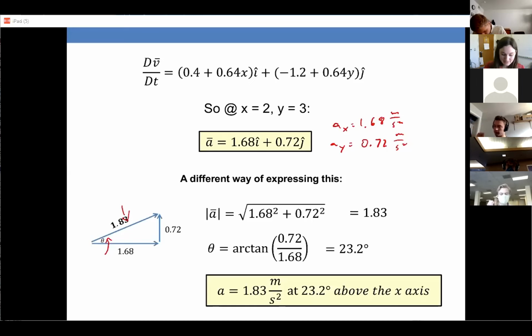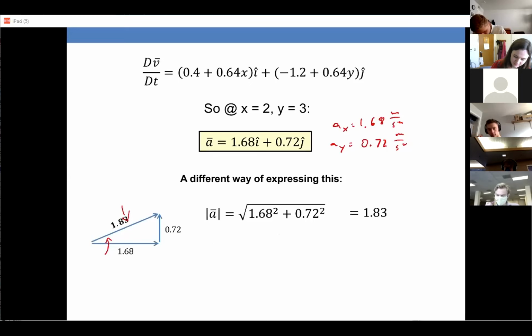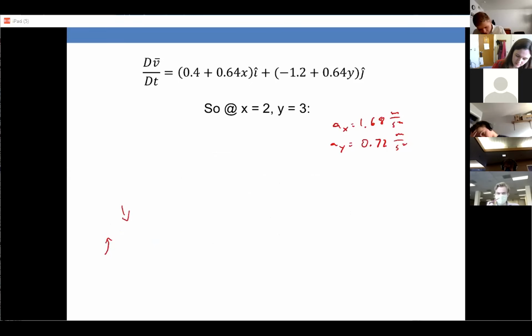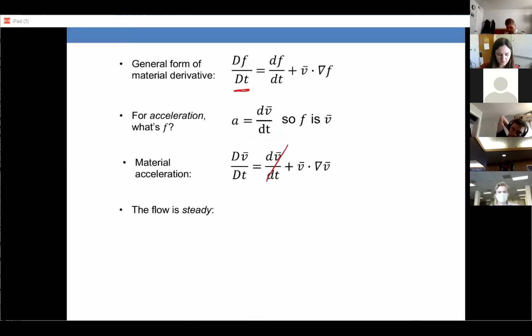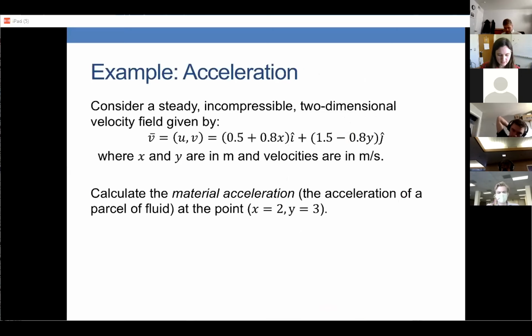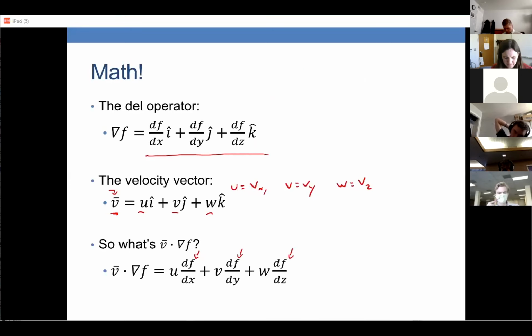Yes, the reason is because you took the dot product and you got this, and we all agreed that's what you get when you do the dot product of the velocity vector and the gradient of f. Okay, that makes sense to us.